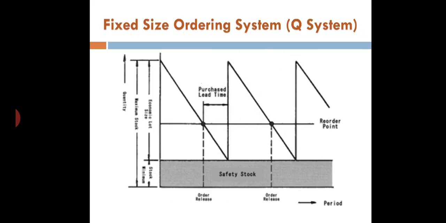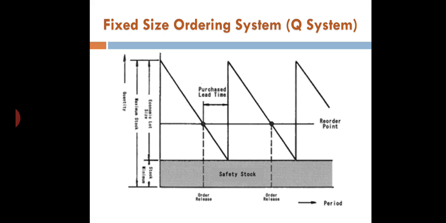So once your usage reaches your reorder quantity, you will put your next replenishment order, and it will take a lead time to reach your warehouse. During that time, your economic quantity is being utilized, and once it is replenished, your stock is back at the maximum.